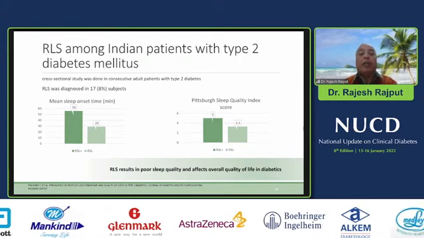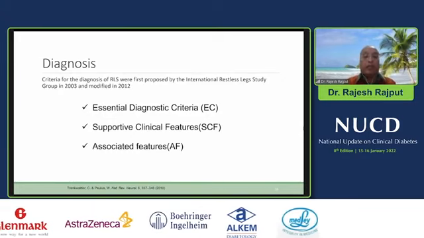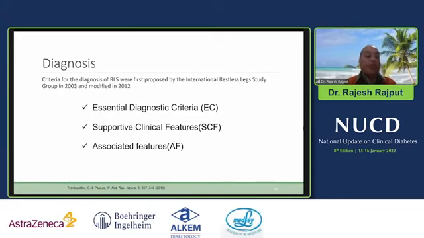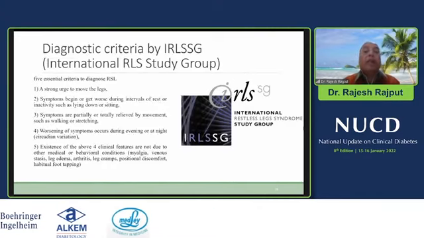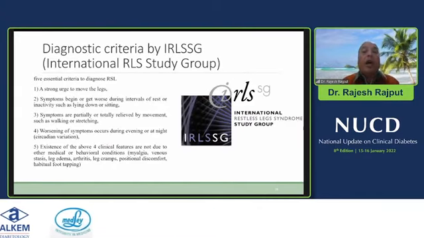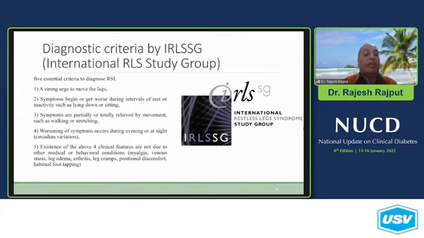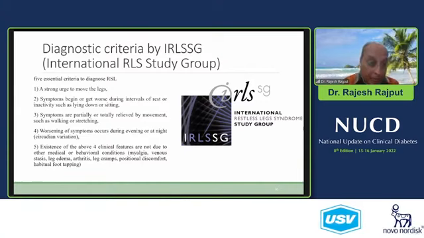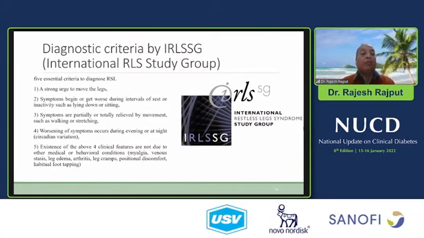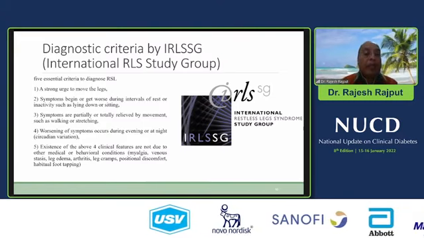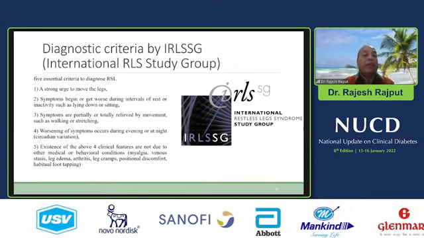How to make a diagnosis? There are essential diagnostic criteria, supportive clinical features, and associated features. These are diagnostic criteria given by the International RLS Study Group. There are 5 essential criteria. If you remember that acronym which I have given to you, URGE: a strong urge to move the legs. Symptoms begin or get worse during intervals of rest or inactivity.